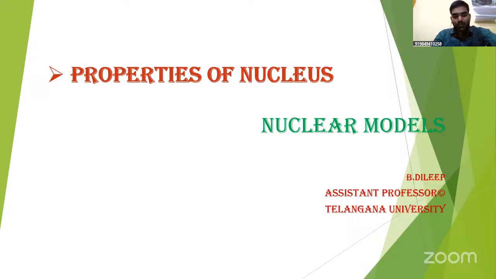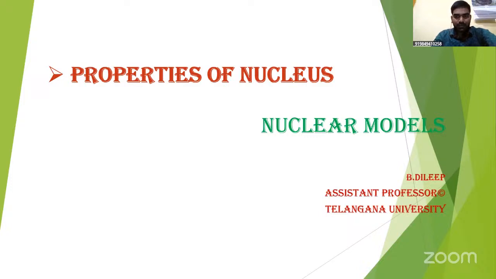Proton mass is 1.672 into 10 power minus 27 kg. What is the neutron mass? Mass of the neutron is 1.67492 into 10 power minus 27 kg. So these two constants give the mass of the nucleus.